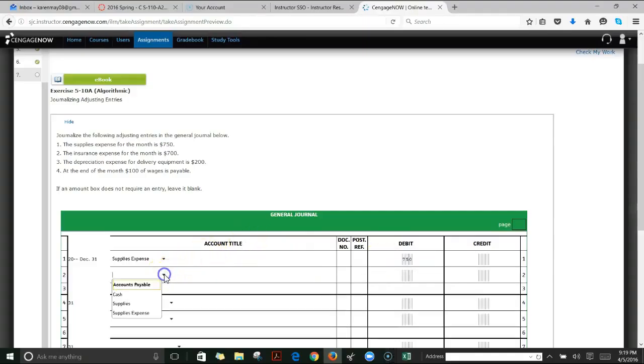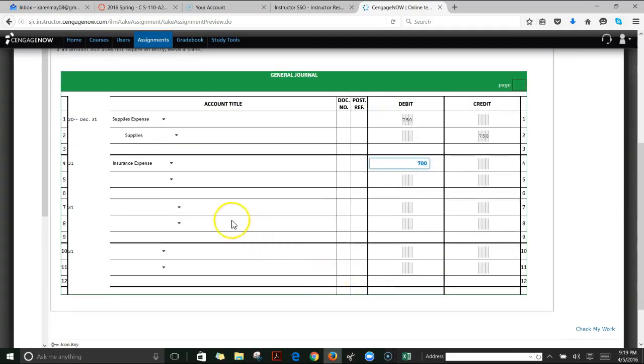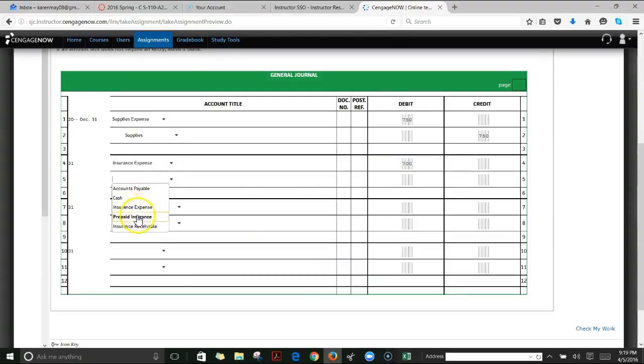We choose supplies to credit. Every entry has to have a debit and a credit. The next one, insurance expense, and that one's 700. The next one's prepaid insurance, and that's a credit of 700.